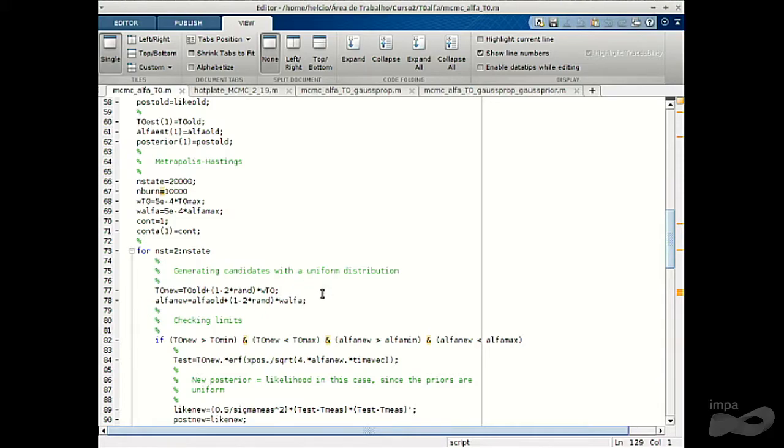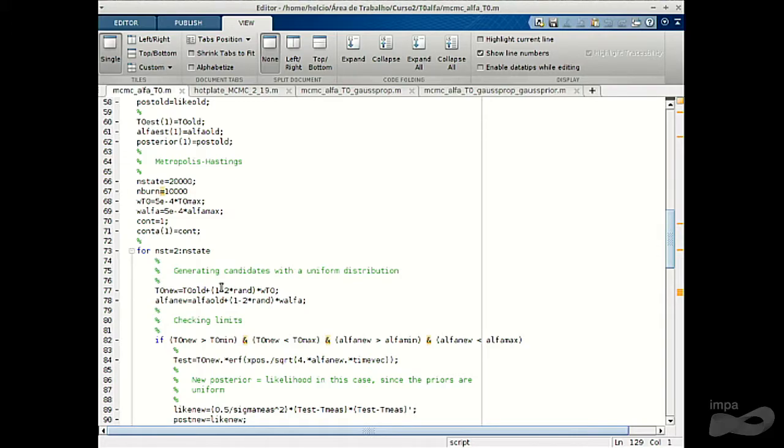Okay? So I generate the candidates, and I have to decide if I accept or not these candidates. And since I'm using uniform distributions, I know that outside this interval, the probability is 0. Okay? So I don't even have to make the Metropolis-Hastings test if the candidate is outside this interval because the probability is 0. We are not going to accept it.